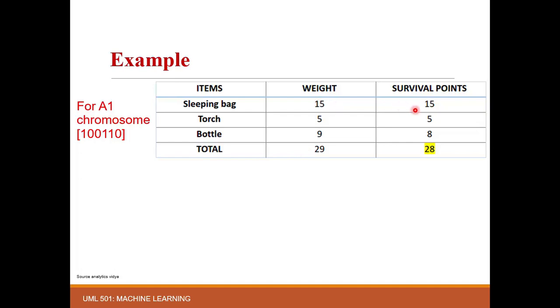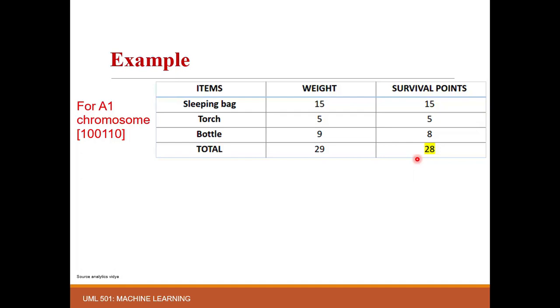The corresponding survival points for these items are 15, 5 and 8. So in total I have 28 survival points at a weight of 29 kgs. Similarly, for the other chromosomes A2, A3 and A4, I have to calculate these survival points, and this is the fitness value of my chromosomes.